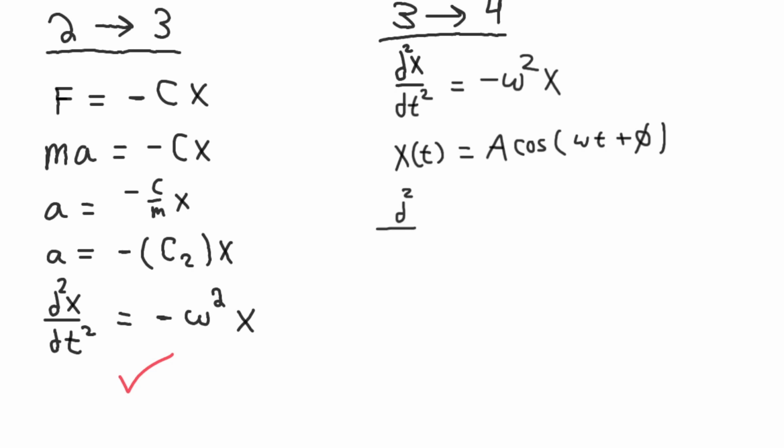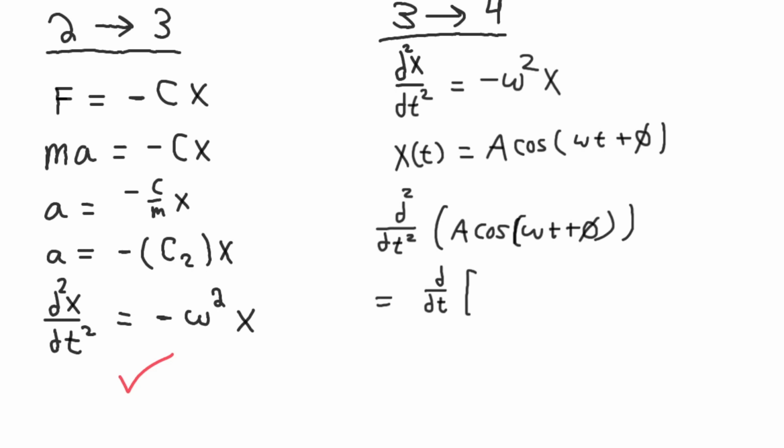So let's take two derivatives of our proposed solution. Again, if you have something that's allegedly the antiderivative of something, you can check your answer just by differentiating. So if we take one derivative of this thing, the derivative of cosine is negative sine, so we pick up a minus. But then we also have to use the chain rule because there's an omega attached to the t.